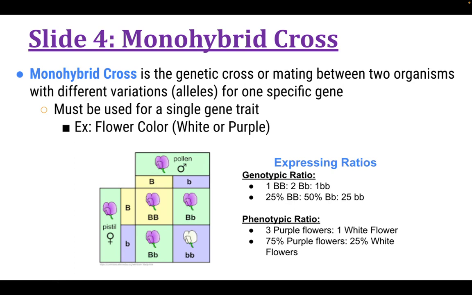You can see when you cross them, you complete the inside of the Punnett square with the genotypes, pulling 1 letter from the top and 1 from the side. So in this box, I would pull my 2 alleles and get homozygous dominant.